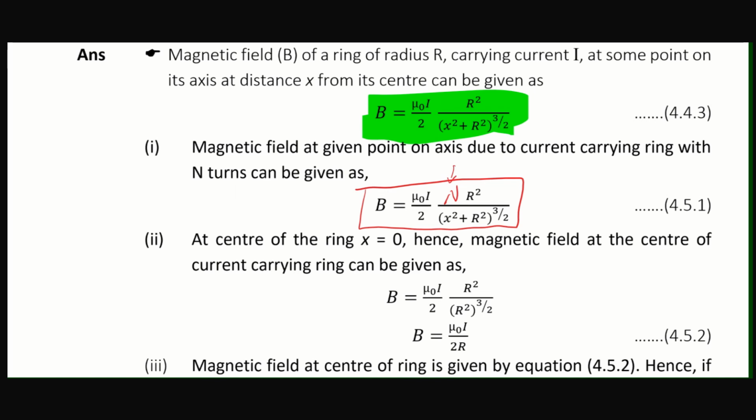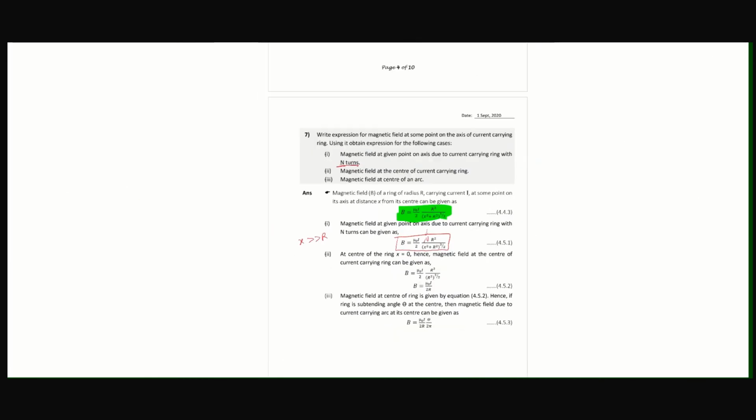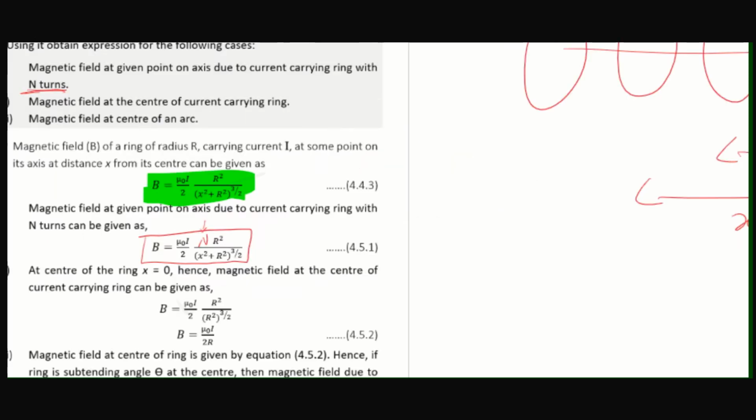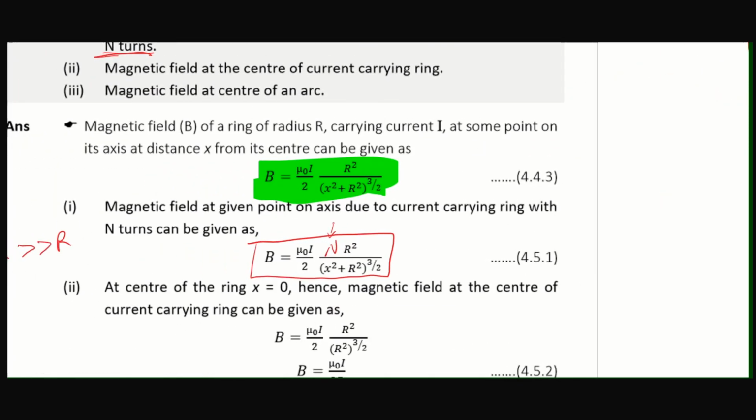The only condition here is that X should be very much greater than R, so the turns should be very close. Suppose these are the turns, and I want to find the magnetic field due to these 4 rings at some point P. Now X here, X here, X here are not the same, so I cannot use this expression.